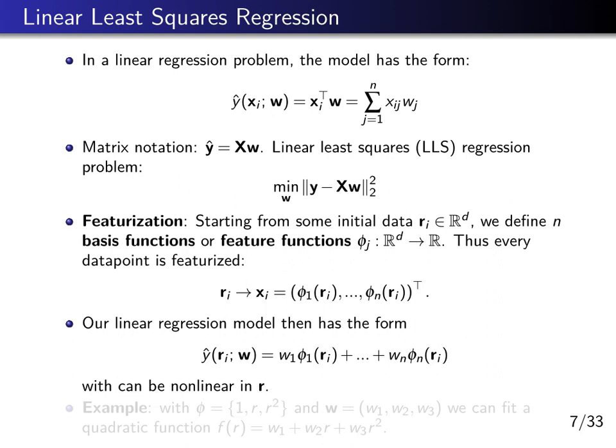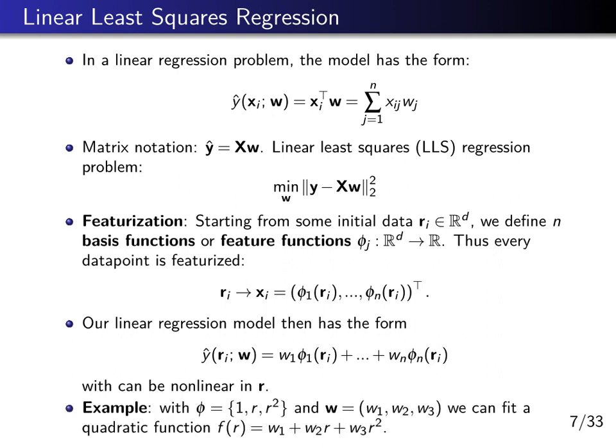So y hat for every original data point r_i and the parameters w can be written as a sum over the products of the weights w_1 through w_n multiplied by the feature functions phi 1 through phi n evaluated at the data point r_i. And this can, of course, be nonlinear in r. It can be very nonlinear. It only depends on how we choose our feature functions.